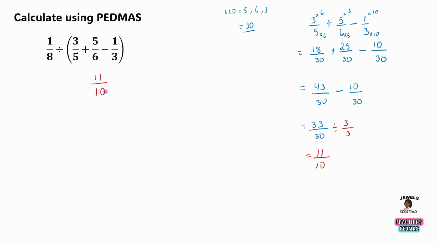Now I'm going to plug my 11/10 as it is back into my question. Remember that the next operation that we're working with is division. If you were thinking about converting 11/10 into a mixed fraction, that would not be a wise step if we are dividing fractions next. When dividing fractions, if we have a mixed fraction, it would have to be converted into an improper fraction.